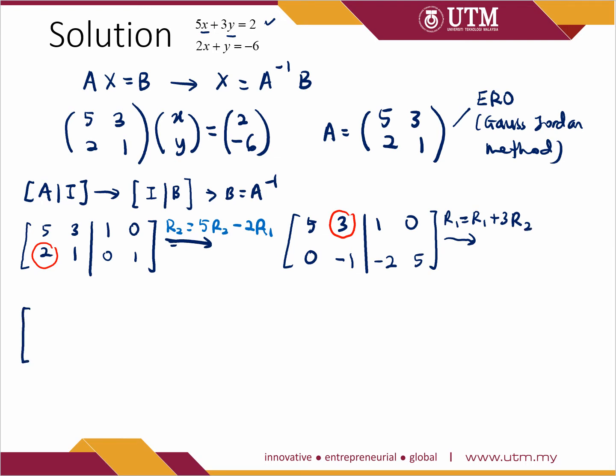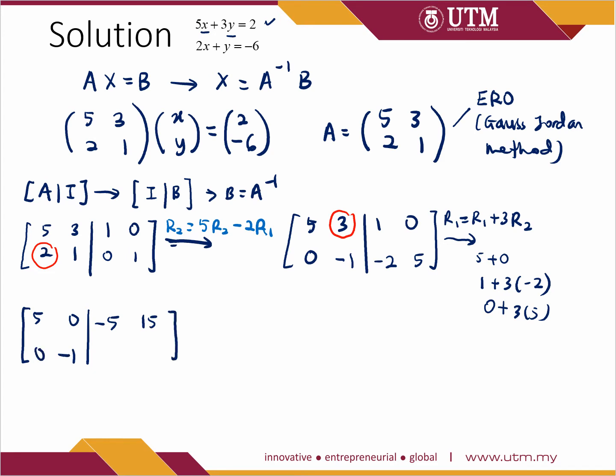So here will be 5 plus 0, which is 5, and then 3 minus 3 will be 0, 1, and then for the third column, 1 plus 3 times negative 2, so here we will have negative 5, and the last one will be 0 plus 3 times 5, which is 15.